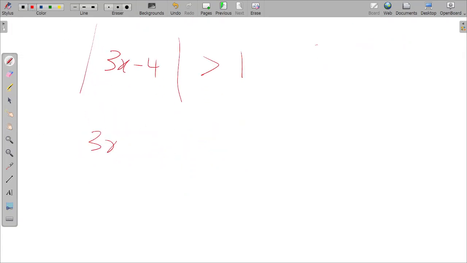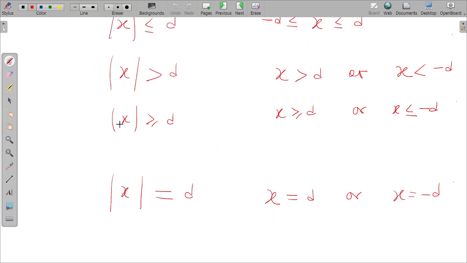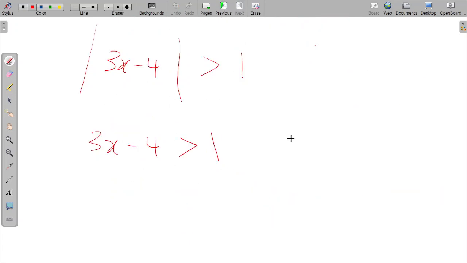We have 3x minus 4 greater than 1, or 3x minus 4 less than negative 1. We are doing that to take away the absolute value, because before you can solve it, you must take away the absolute value.